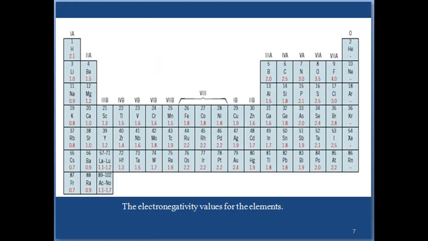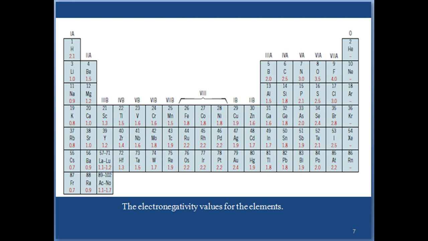Now, the figure displays electronegativity values that have been assigned to the various elements arranged in the periodic table. As a general rule, electronegativity increases in moving from left to right and from bottom to top. I will repeat this concept of electronegativity once again.